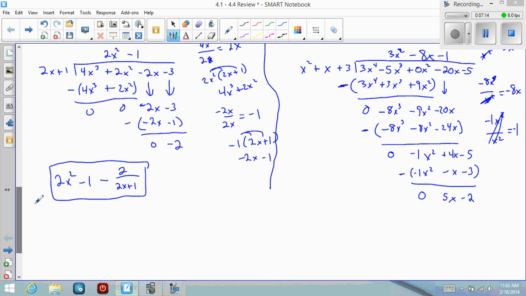And so we have 3x squared minus 8x minus 1. And here we have an expression, so I definitely put plus, even if that number out here was negative. And then I'll put 5x minus 2 for my remainder over the original denominator of x squared plus x plus 3.